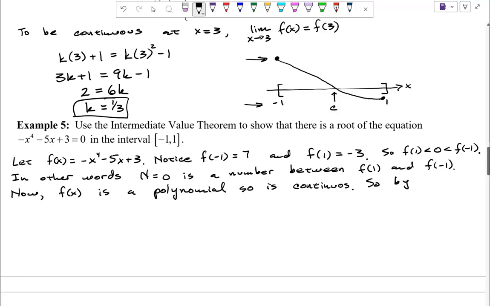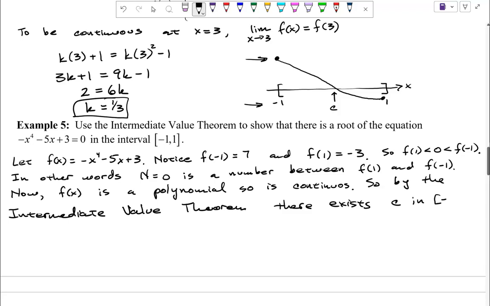So by the intermediate value theorem, there exists a c in the interval -1 to 1 such that f of c equals 0.